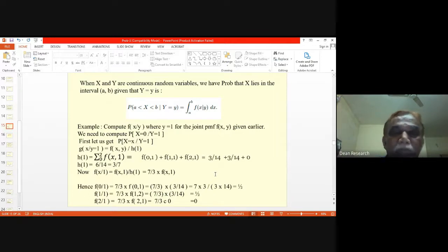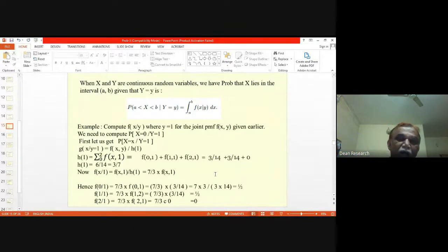Now, how to compute that? It is not difficult at all. We'll have to integrate the PDF f of x given y into dx. That's all. In fact, we have got the example later.